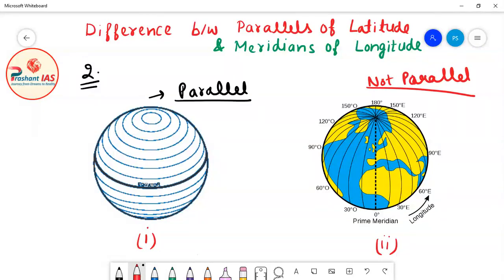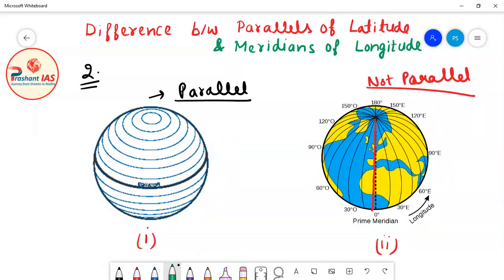We will take the example of, let's suppose, the prime meridian. I am highlighting the prime meridian in this diagram with the red line. And I am highlighting any other meridian of longitude with the green line.